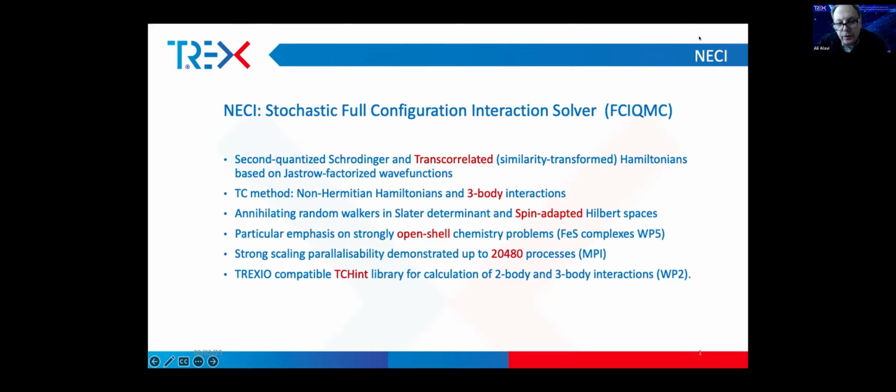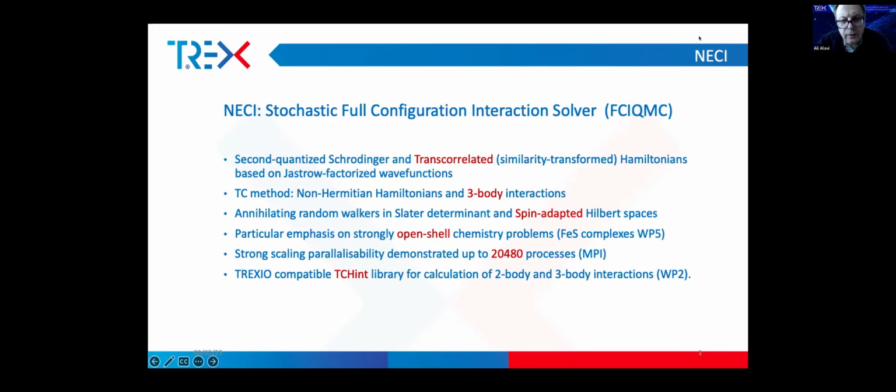The advantage of this transcorrelated description is, among other things, that it greatly accelerates the convergence to the basis set limit, which is one of the bottlenecks, if you like, of standard quantum chemistry. In this way, we managed to combine the first quantized approaches that normal VMC brings through these Jastrow factors with standard quantum chemical second quantized approaches.